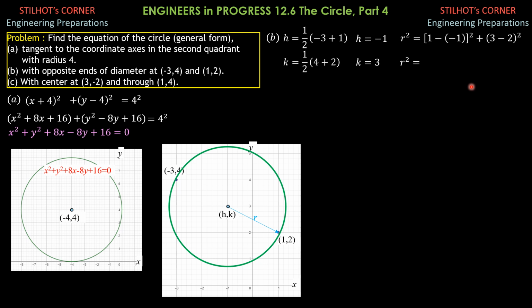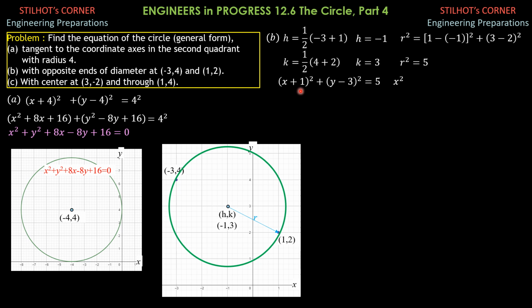R square is 5. We then substitute it into the standard form of the equation of a circle, x minus h quantity square plus y minus k quantity square equals r square. So x plus 1 quantity square, that's the center, plus quantity y minus k square equals 5, where 5 is r square.